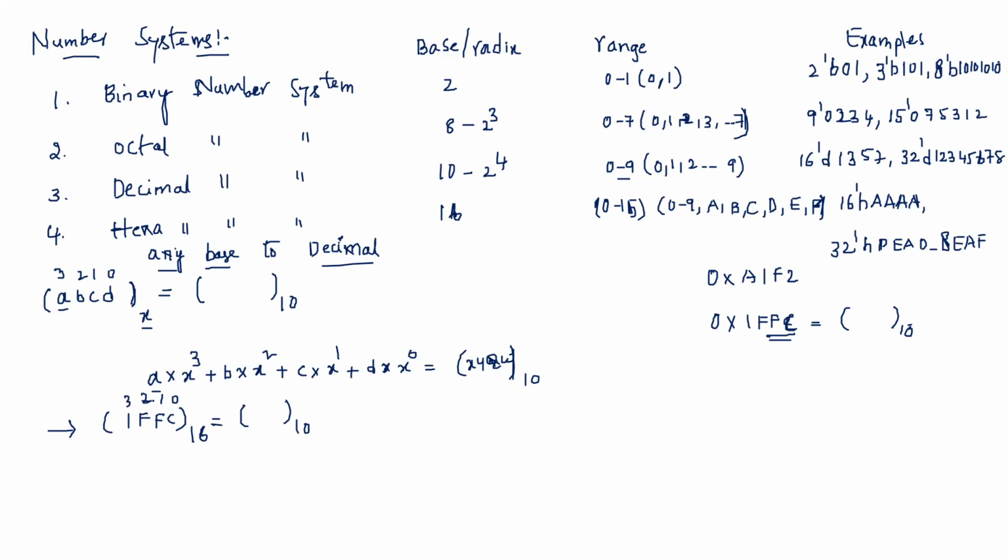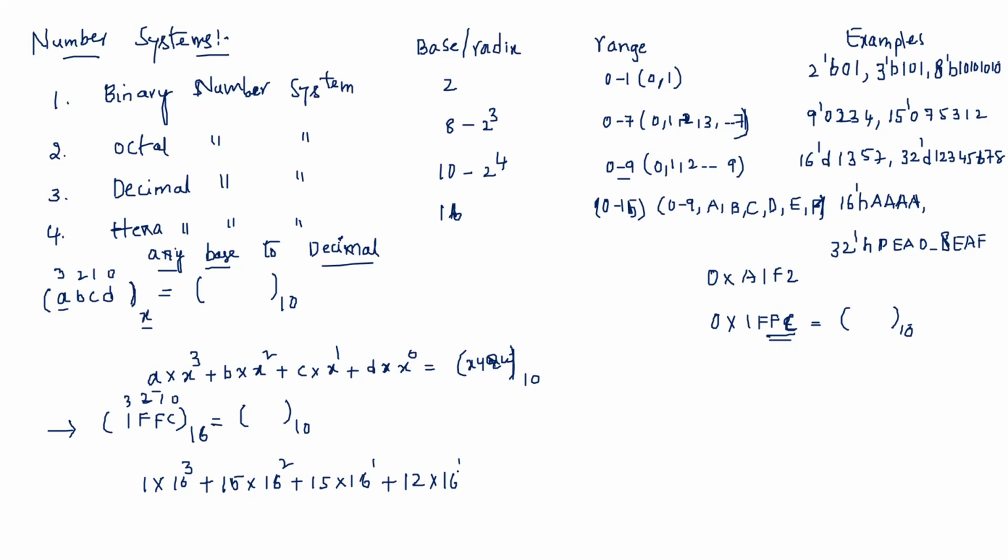So 1 into 16 power 3, then F means 15 into 16 power 2, plus F again 15 into 16 power 1, plus C. A means 10, B means 11, C means 12, so 12 into 16 power 0.